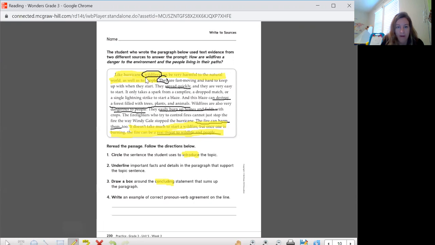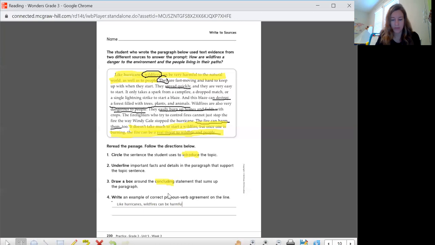Now I notice that wildfires has an S at the end, which means it's plural. So the pronoun they took the place. The author didn't say it is fast moving. The author said they are fast moving because in this previous sentence, wildfires was plural. So down here, it says write an example. So I'm going to say like hurricanes, wildfires can be harmful.